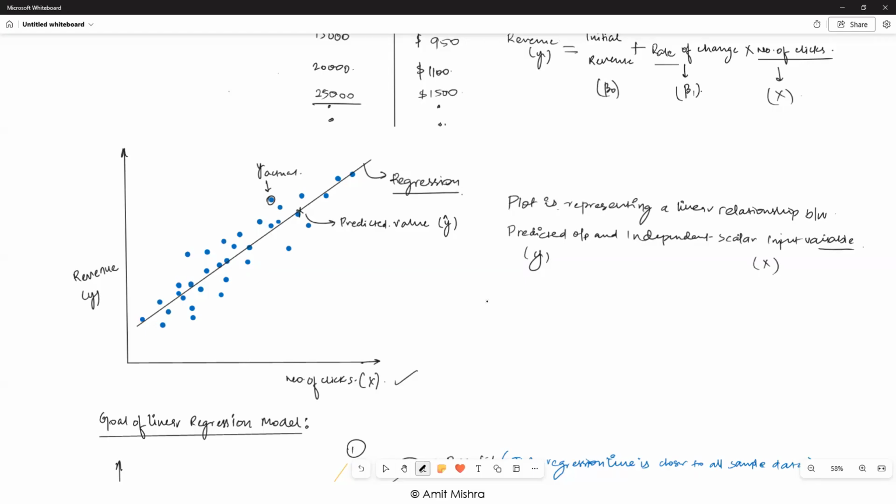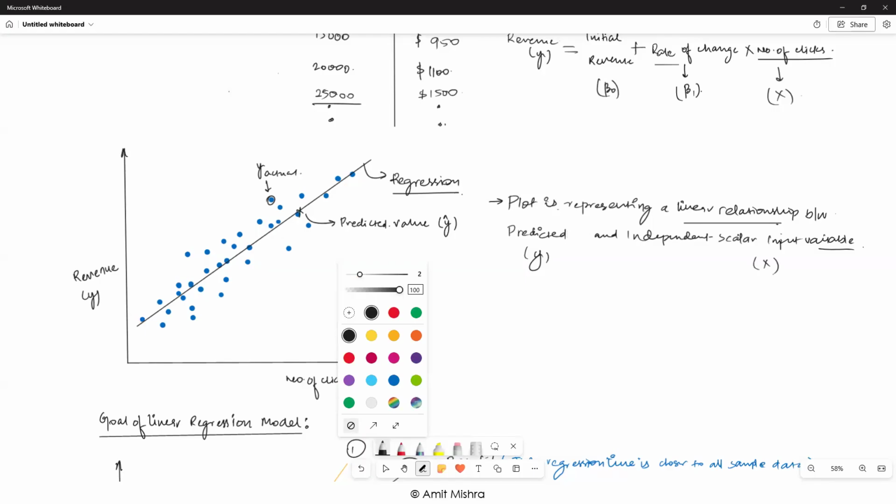This is your regression graph. Here the plot that you are observing is representing a linear relationship between the predicted output and the independent scalar variable.